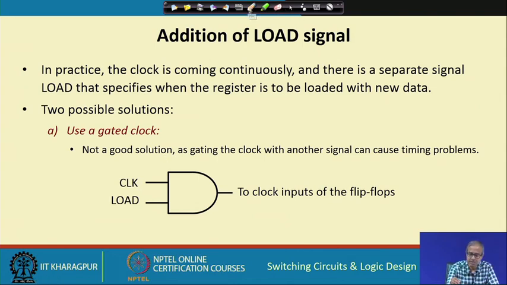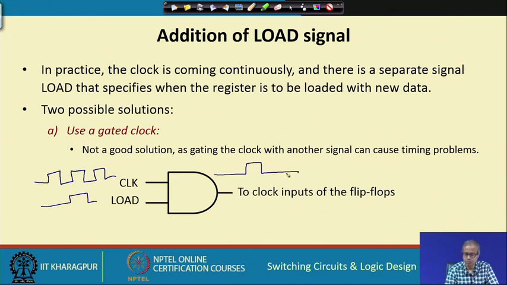The idea is that the clock signal may be coming continuously, but load may be high only for some time. So, whenever both load and clock are high, only during that time the output signal will go high, the other times it will be 0, and this output of the gate will be fed to all the clock inputs of the flip flops. So, that they will be loaded only when required.